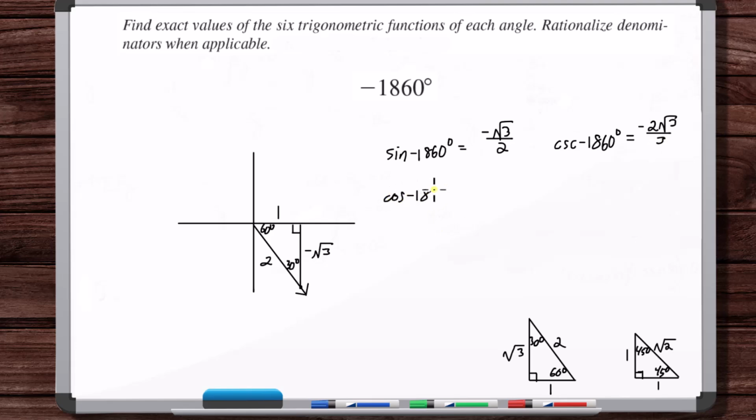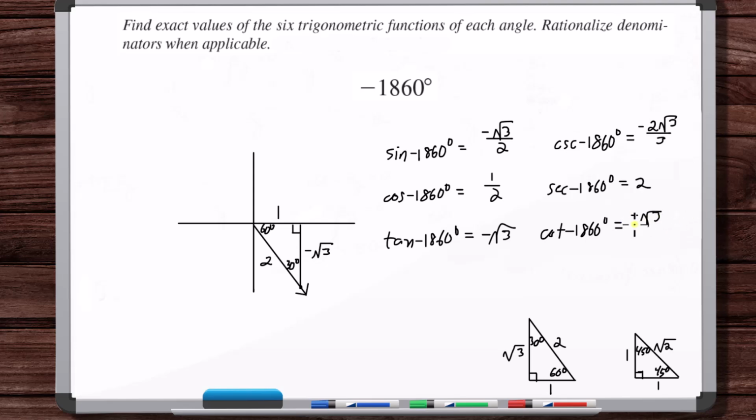Cosine minus 1860 is adjacent over hypotenuse, and then secant of minus 1860 is 2. Tangent of minus 1860 is opposite over adjacent, so minus root 3. So cotangent minus 1860 is minus 1 over root 3. That's minus root 3 over 3.